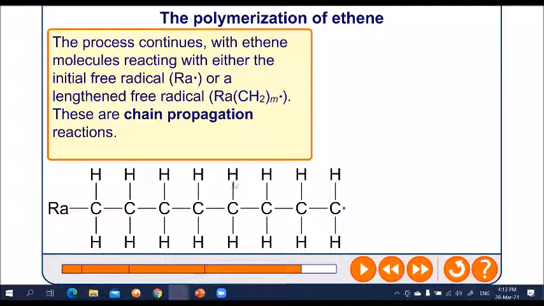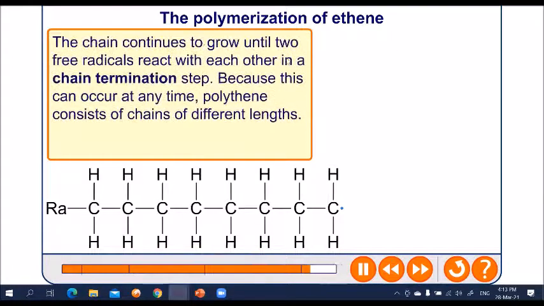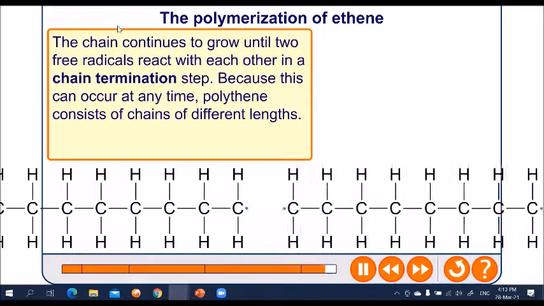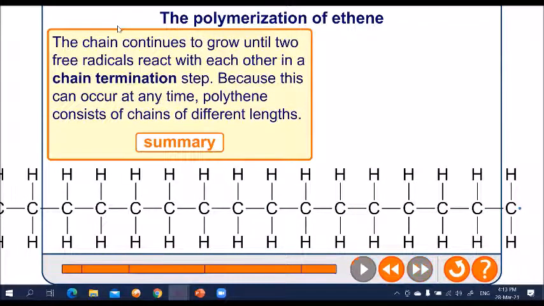These are what we call chain propagation reactions. That keeps going on until two free radicals react with each other in a chain termination step, and that can occur at any time. So polyethylene, polythene, has different lengths in its chain.